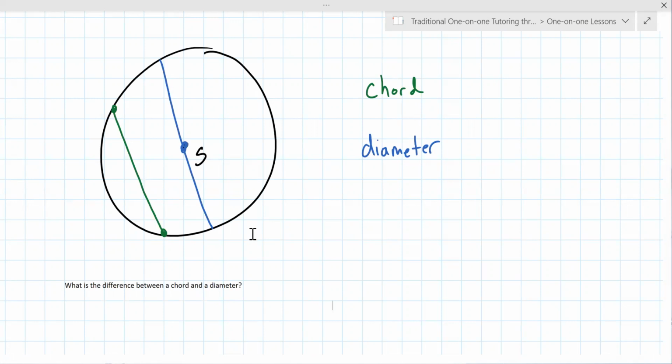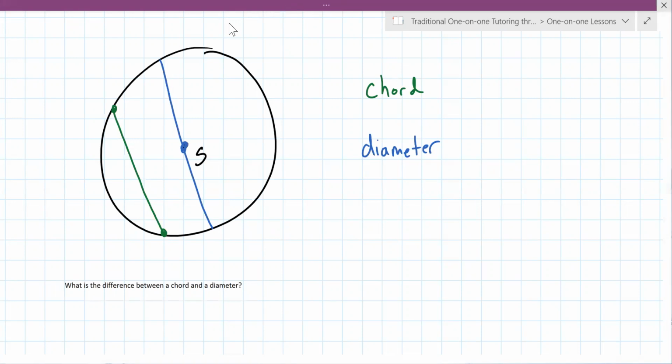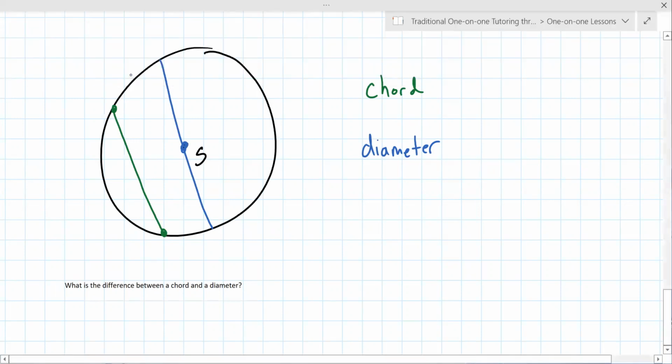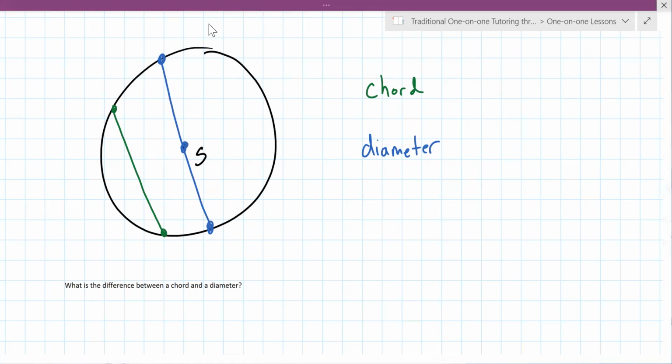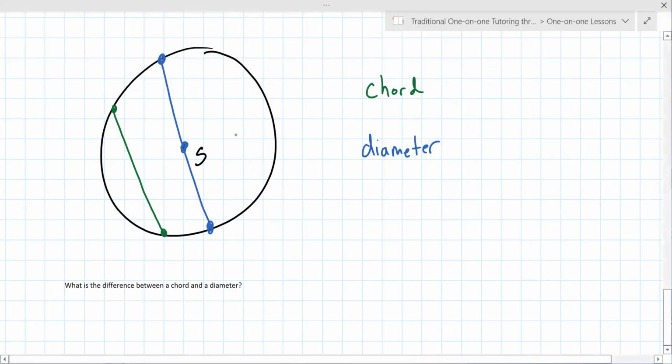Well, go ahead and look at your definitions. What's the definition of a diameter? Could you read that for us? Diameter, a line segment that starts and stops on the circle and passes through the center. Okay, so like you just said, the diameter starts on the circle, it stops on the circle, and it goes through the center. Now tell me about a chord. What's the definition of a chord?